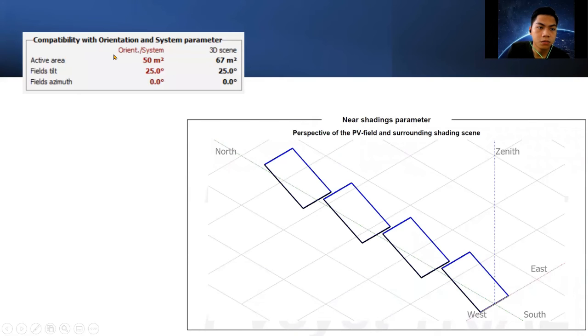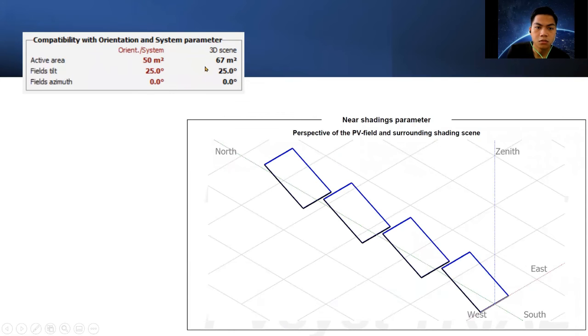So these are the capability, retention and system parameters. This is the requirement of the solar panel: the active area required is 50 meters squared.